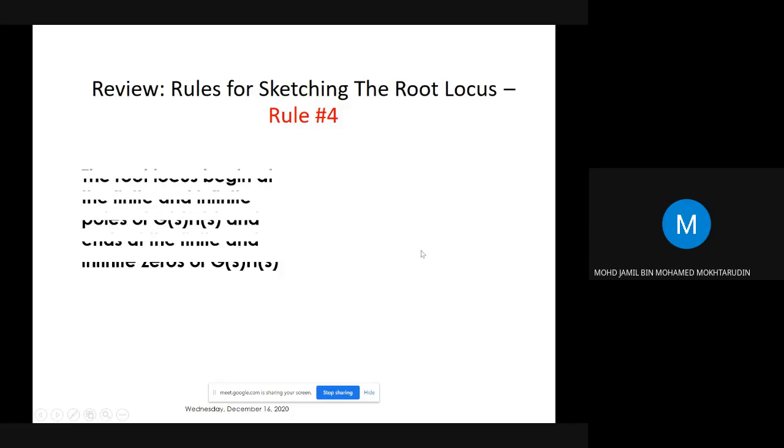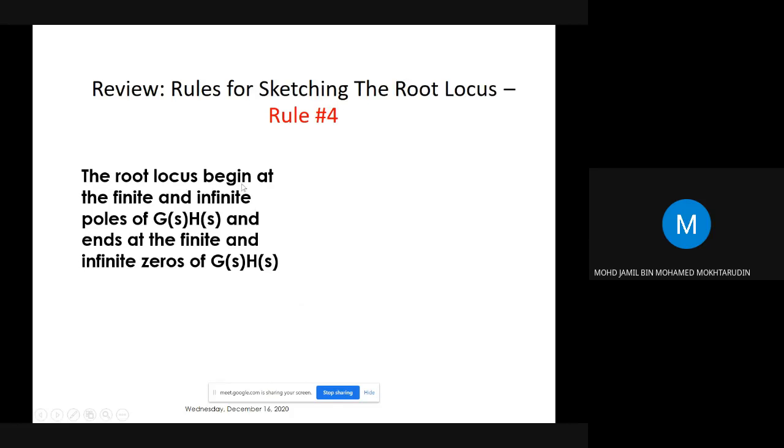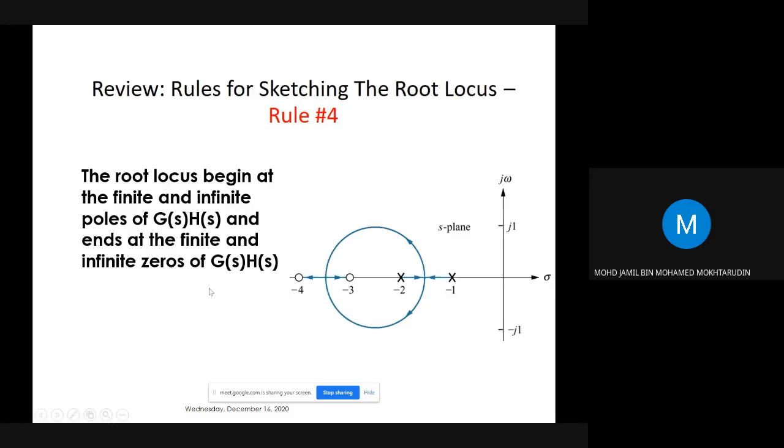Rule number 4, the root locus begins at the finite and infinite poles and ends at finite and infinite zeros. So meaning that your root locus always starts at poles and finishes at zeros.